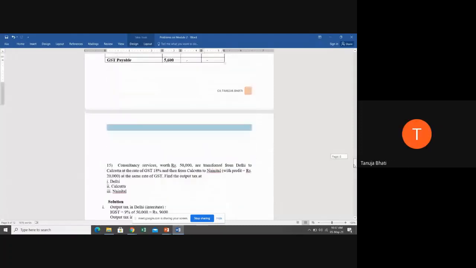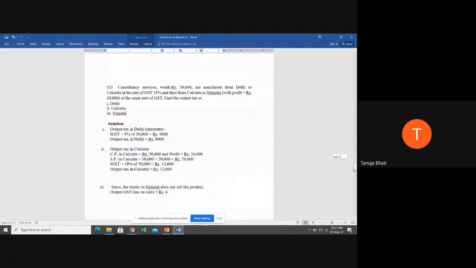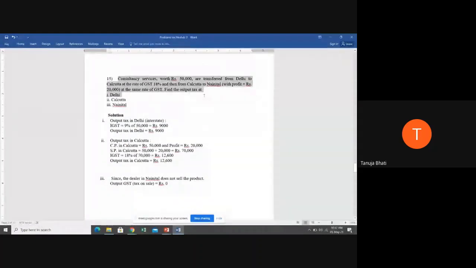Okay. Now problem number 15. Consultancy services worth rupees 50,000 are transferred from Delhi to Kolkata at a rate of 18% GST, and then from Kolkata to Nainital with a profit of 20,000 at the same rate of GST.